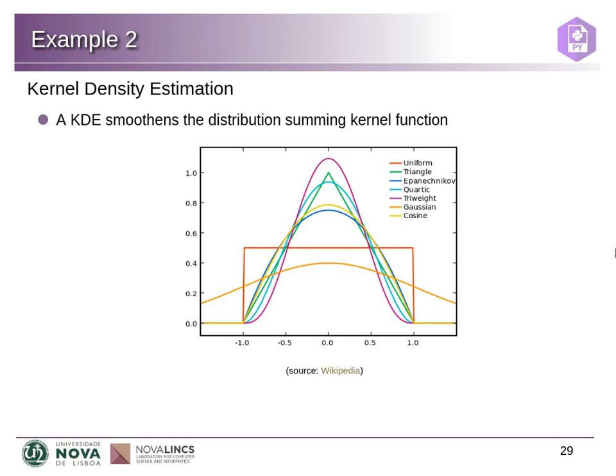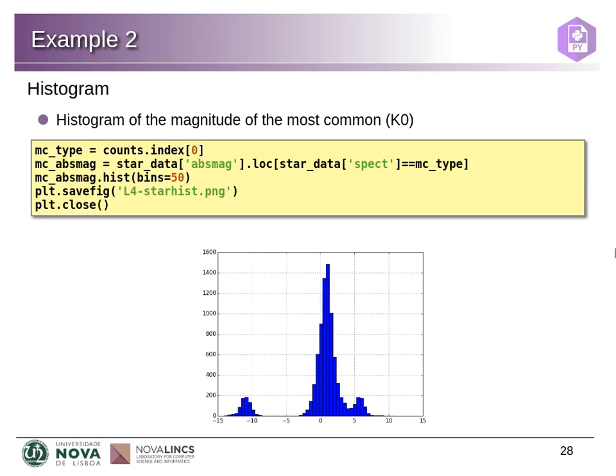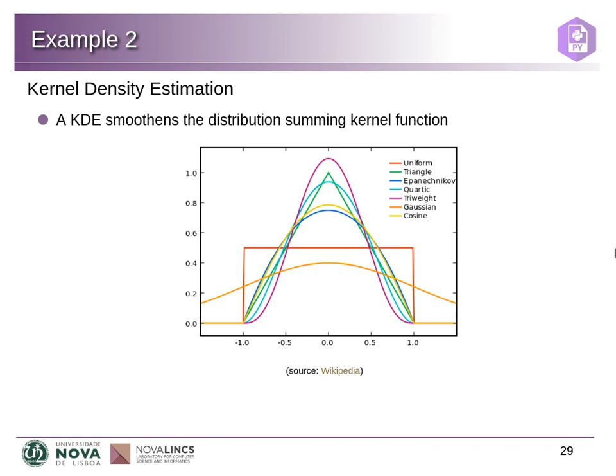This is a fancy histogram where instead of counting how many examples fall in each bin, we are going to create a continuous line by adding a kernel function in the position of each example. A kernel function in this context is a continuous function that has an integral of 1, so the area under the line is 1, and it's symmetrical.